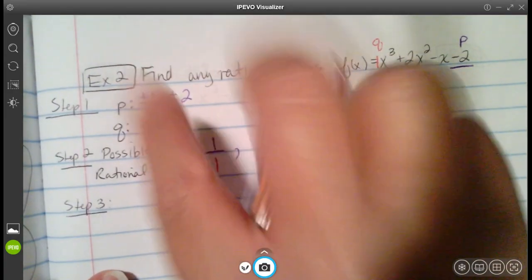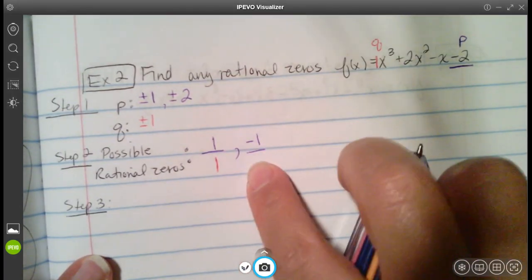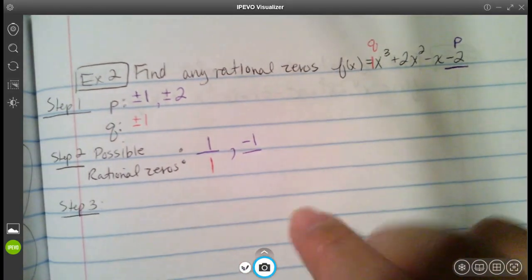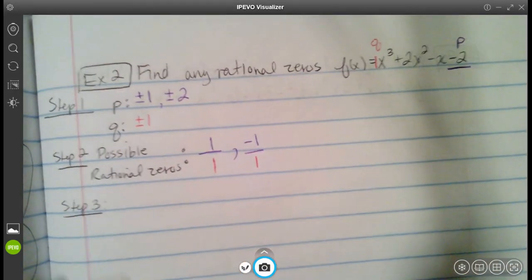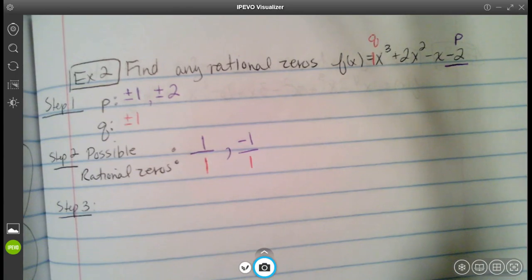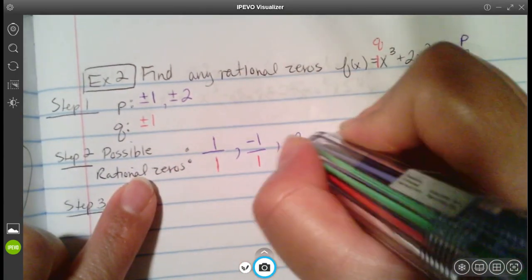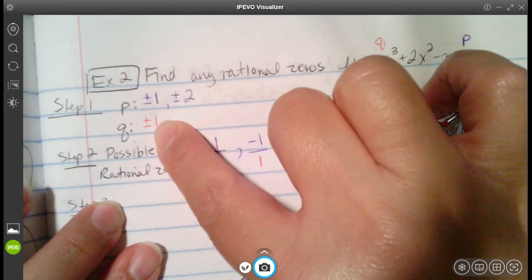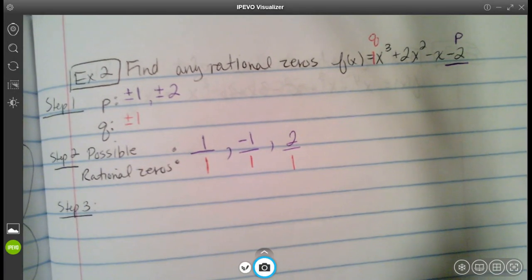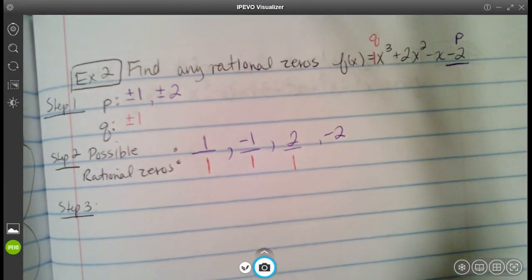Another combination is I can make it negative, so -1 over 1. Then the next number I have is 2, so I can have 2 over 1, or I can have -2 over 1.